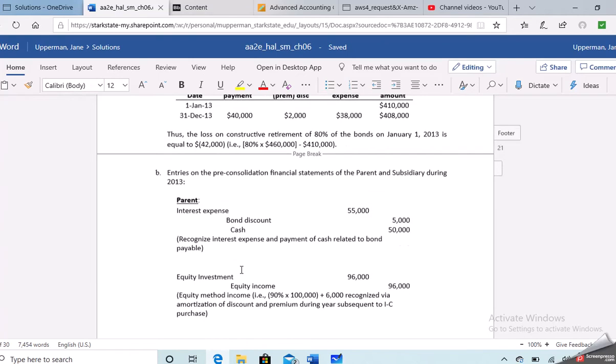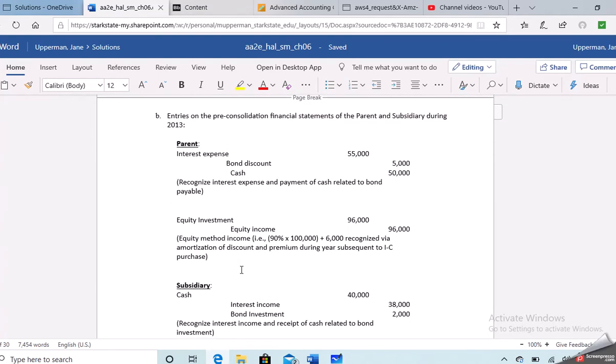Okay, then what we want to come down to is our journal entries. Here the parent, at the end of the year, it's annual interest, is going to pay the cash at the stated rate, the $500,000 times the 10%. They're going to amortize out their $50,000 discount at $5,000 each year because they're 10-year bonds. And then the interest expense would be the difference between those, the $55,000. Then this shows what they're recording as their equity income.